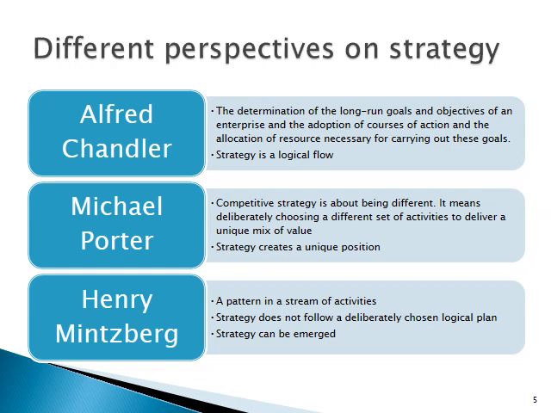Here it says it means deliberately choosing a different set of activities to deliver a unique mix of value. So you are trying to make your organization very unique, very different in the marketplace, which ultimately leads us to say the strategy creates a unique position for the organization.